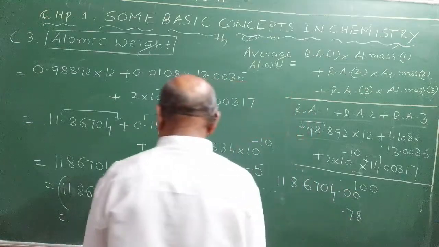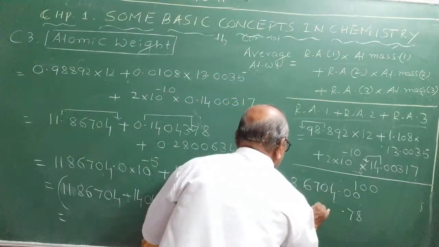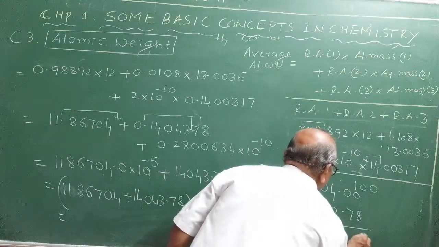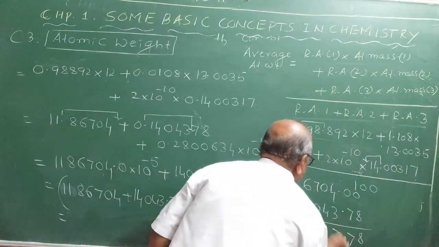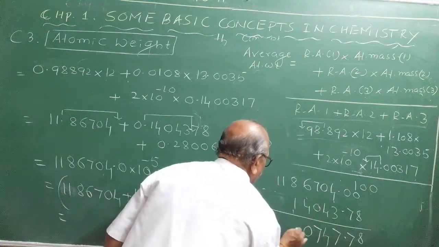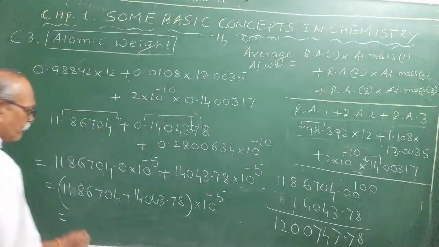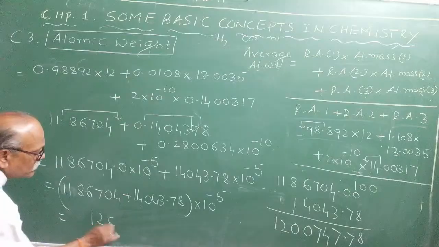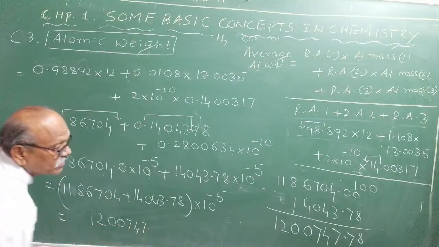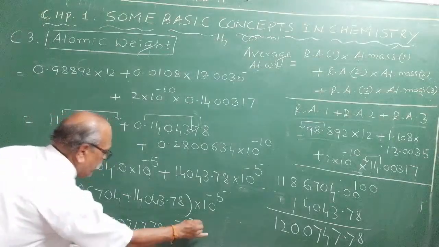Go on writing the numbers, 14043. Add them. 8, 7, 4 plus 3, 7, 0 plus 4, 4, 7, 6 plus 4, 10, carry 1, 8 plus 2, 10, carry 1, you will get 12. So finally I get here 12, 0, 0, 7, 4, 7, 0.78 into 10 raised to minus 5.